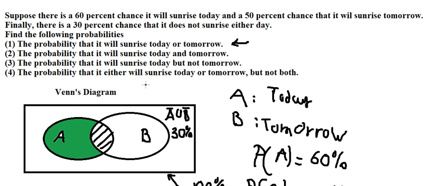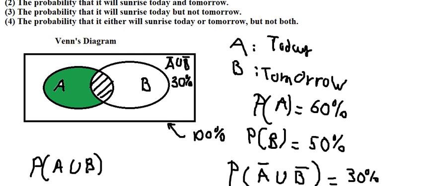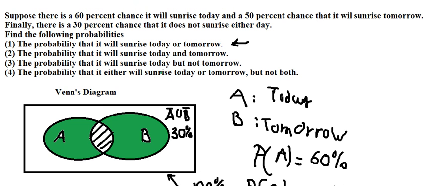And the last one, we need to find the probability that it either will sunrise today or tomorrow, but not both. That means we need to find the green area of B. Later we sum another green of A. So that's how we can find the answer to number 4 in here.